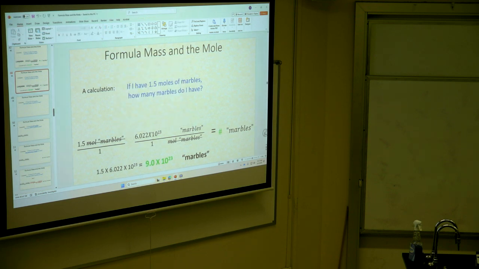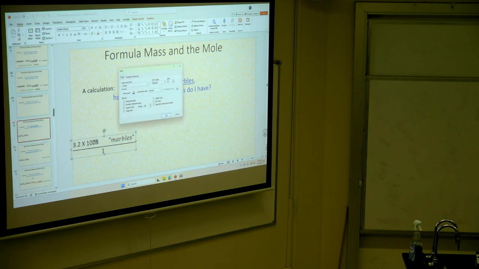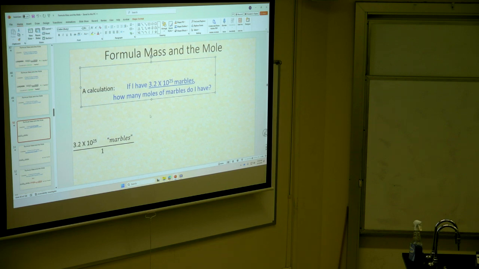But moles of marbles cancels, you get blank marbles. I'm just belaboring the point now. So now I'm doing it the other way around. So 3.2 times 10 to the 25 marbles, there's no unit, so you write that down.